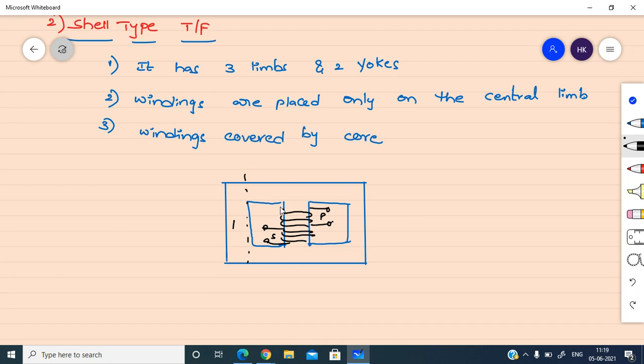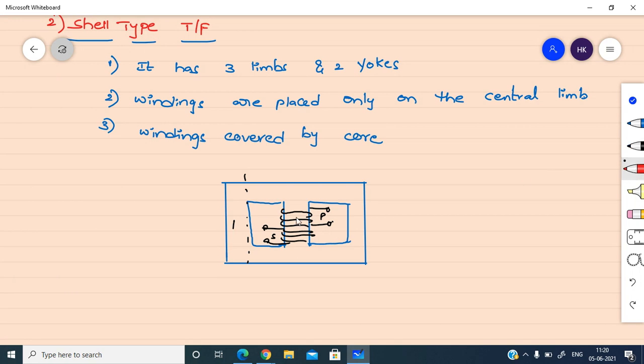Now if you look at this picture, the outer part is core and the inner part is winding. So that's why windings are covered by the core in this shell type transformer. But in case of core type transformer, core is covered by the winding. Here winding is covered by the core.